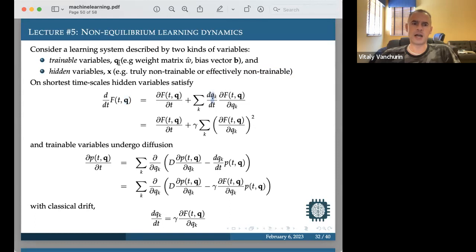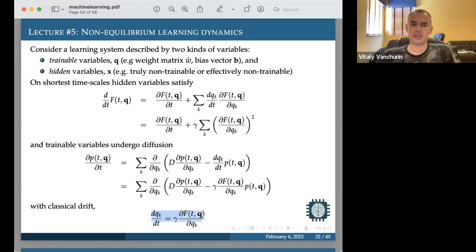Now, remember, Qs are our trainable parameters. And so in a stochastic gradient descent, we know how they change. And in the statistical description, what they do is they try to drift in the direction of the extrema of the free energy. Whether minima or maxima is not important, but once they drift there, they stay there and they no longer move.